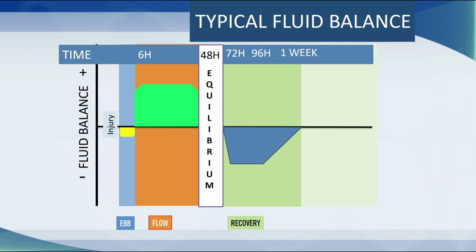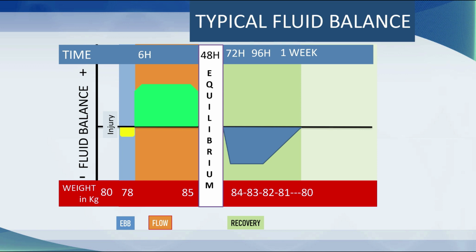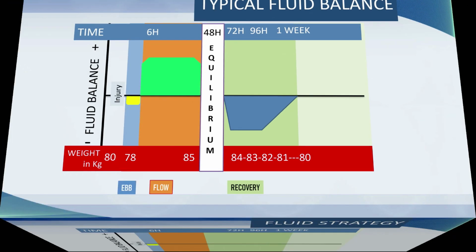That can go on for up to an entire week, and eventually the body weight of that person stabilizes back to where it started. If you were to look at the patient's weight in kilograms, the patient will initially lose weight, then gain weight over the first 6, 8, 12, 24, 48 hours, and then gradually the weight will go back to normal over the course of a full week.